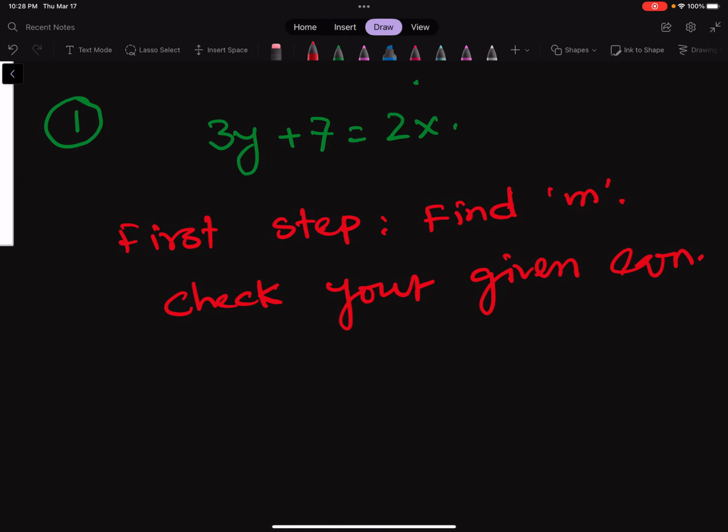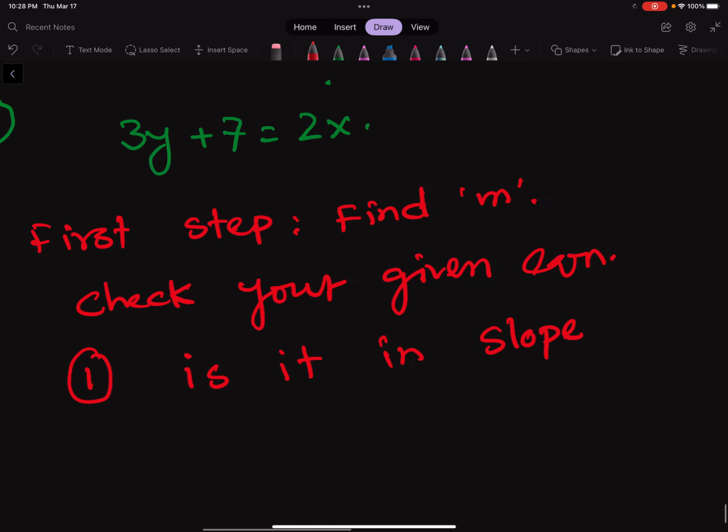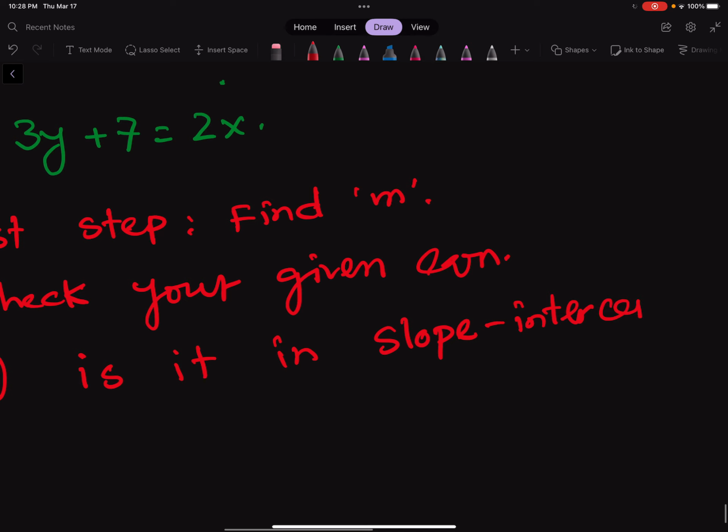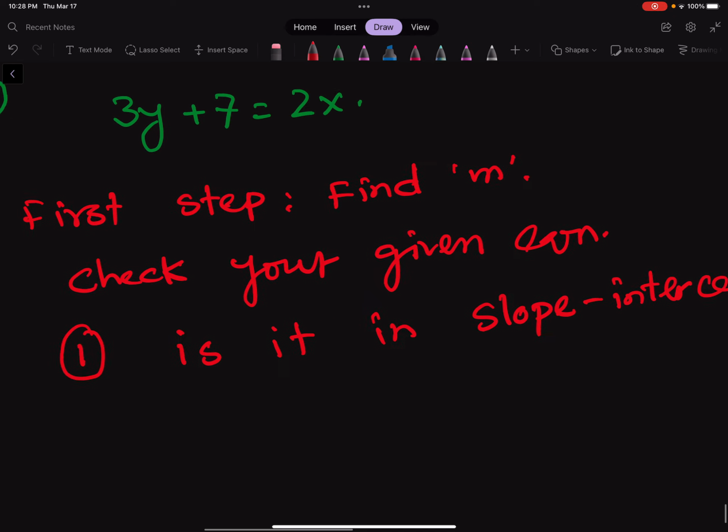What you should check, first ask yourself, is it in slope intercept form? Check what a slope intercept form is.